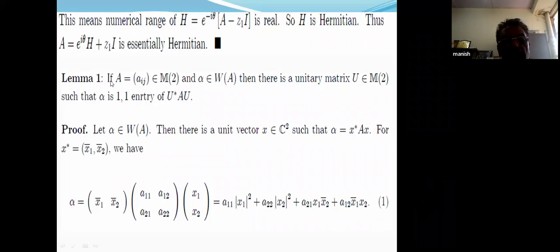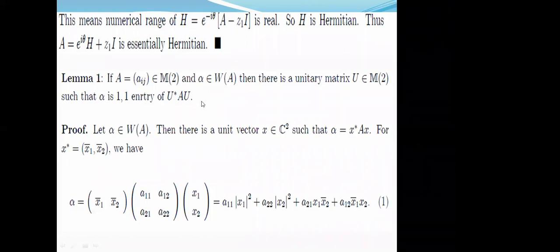Lemma 1: A belongs to M2, that is, A is a square matrix of order 2. Then if alpha is any complex number in its numerical range, there exists a unitary matrix U such that alpha is the (1,1) entry of U star AU.